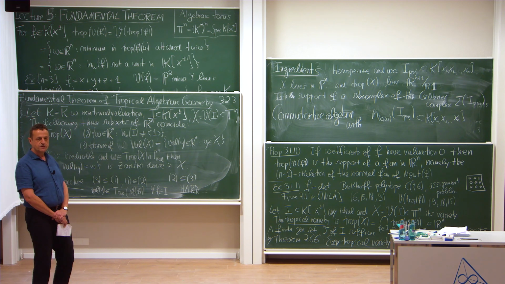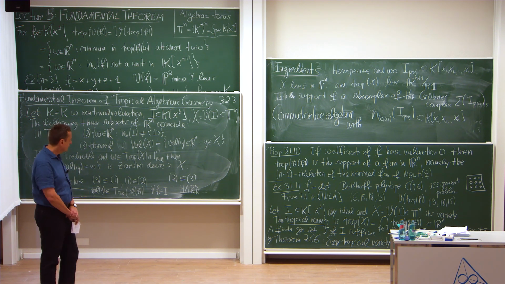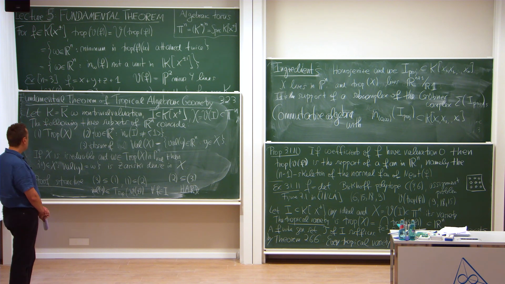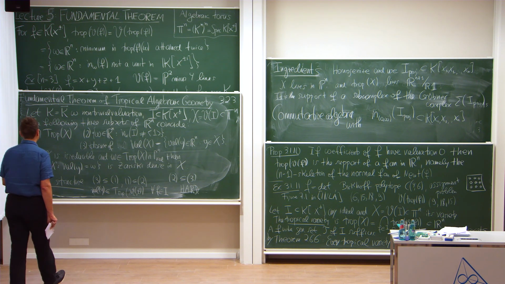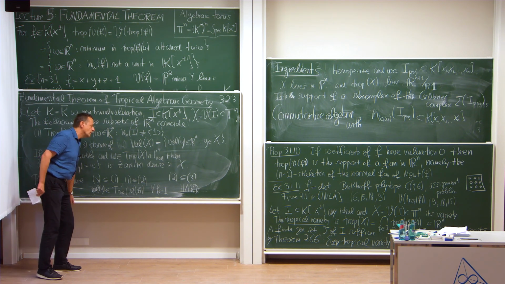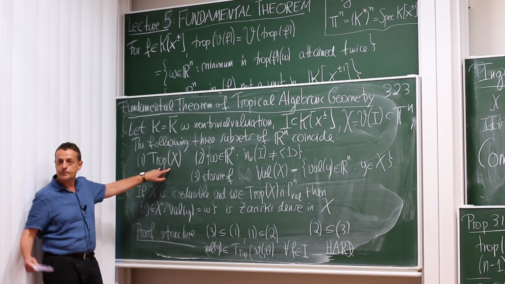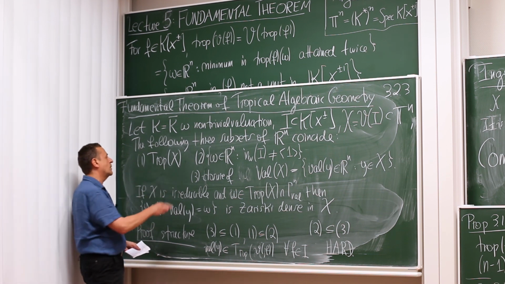Yes, so the question was, why do we need the hypothesis that the valuation is non-trivial? Well, if the valuation were trivial, for example if we had the complex numbers here, then the statement is very false. There's a tropical variety, a perfectly good polyhedral fan, a bit like some kind of tropical line.